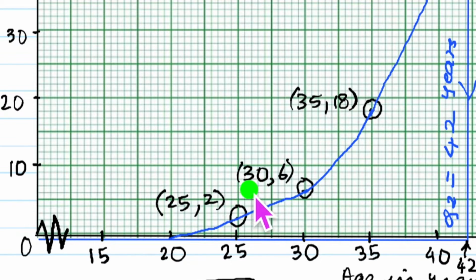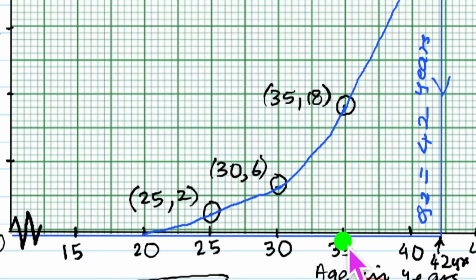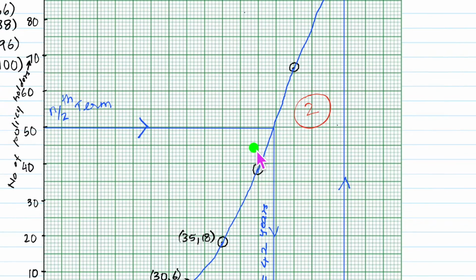The second point was 30, 6. So from 30 we go up 5 and 1, 6, and we write the coordinates. If you come to 35, it will be 18. So this is 15 and 3 more divisions. So that is 18. You can write the coordinates and then you draw a smooth curve joining the points that are plotted.